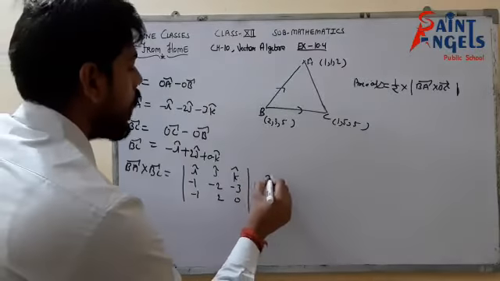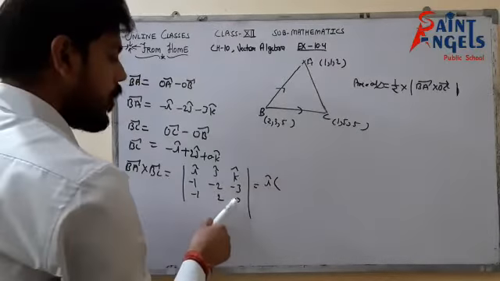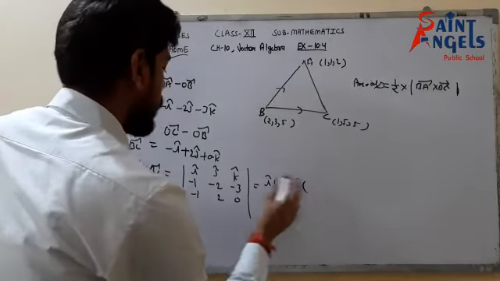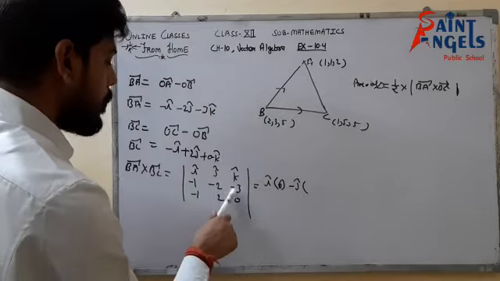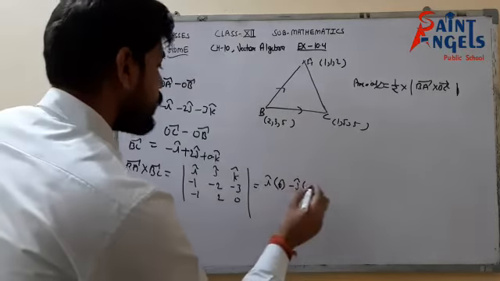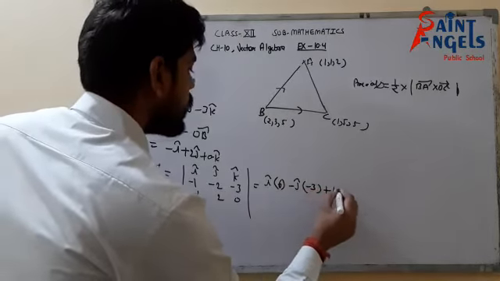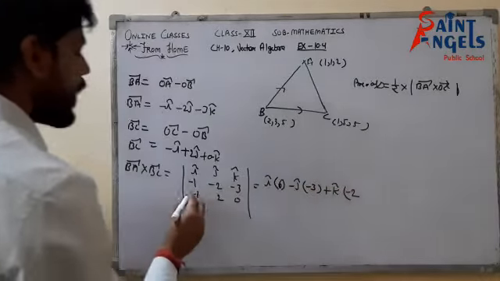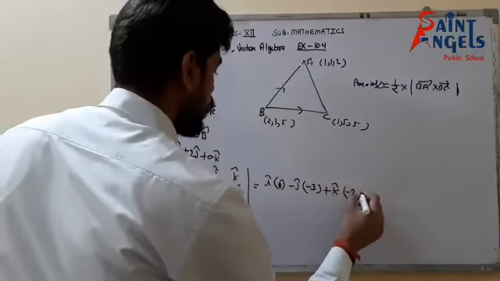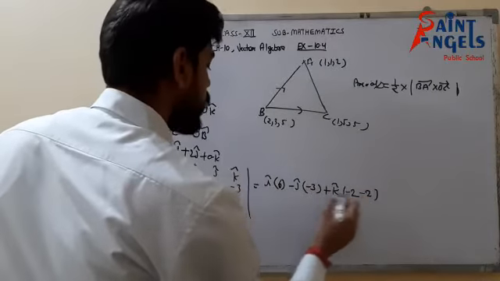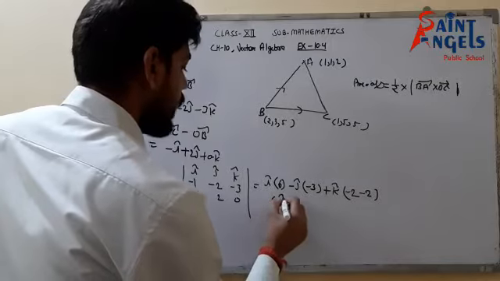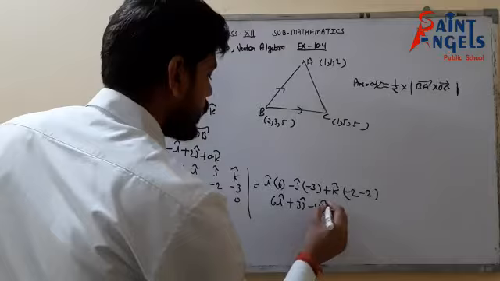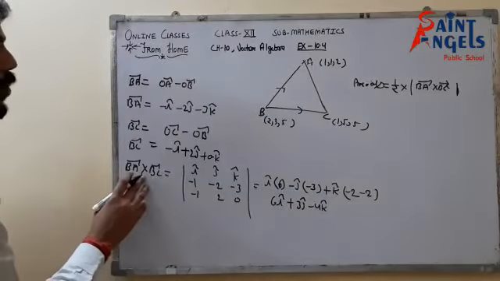Just opening it. i cap times minus 2 into 0, 0, minus minus, plus 6, so 6i; minus j cap times 0, minus minus, plus, minus, that would be minus 3; plus k cap times minus 2, and minus minus plus minus 2. Okay, students. So that would be 6i plus 3j cap and minus 4k cap. This is the value of vector BA cross vector BC.